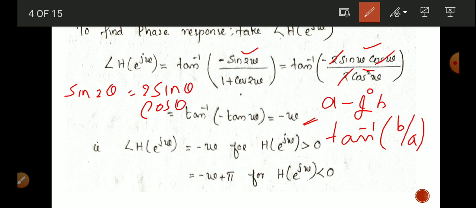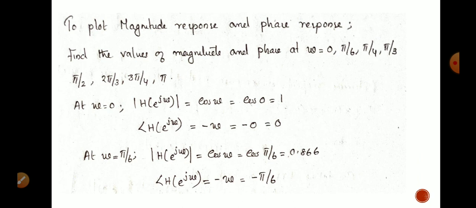Then we rewrite angle H of e raised to j omega as minus omega for H of e raised to j omega greater than 0, or it can be written as minus omega plus pi for H of e raised to j omega less than 0. To plot the magnitude response and phase response, we have to find the values of magnitude and phase at some angles.